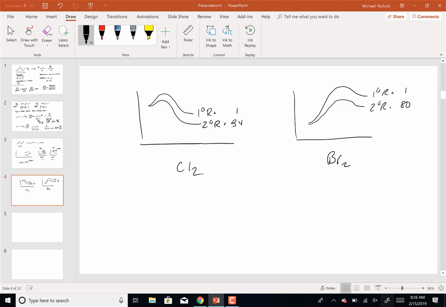So when we have a chlorination, since this is exothermic, the relative differences of the activation energy are going to be smaller for chlorination. So that means I'm going to be forming the secondary at not exactly the same rate, but only a little bit faster than the primary because the activation energies are so small.